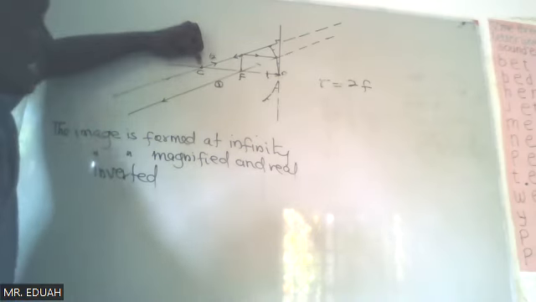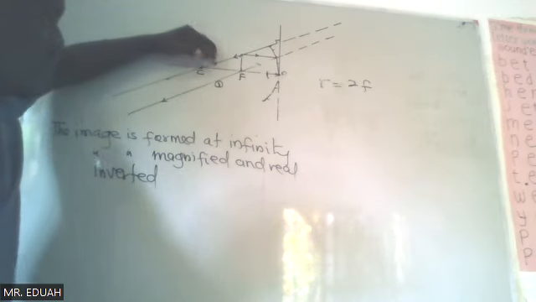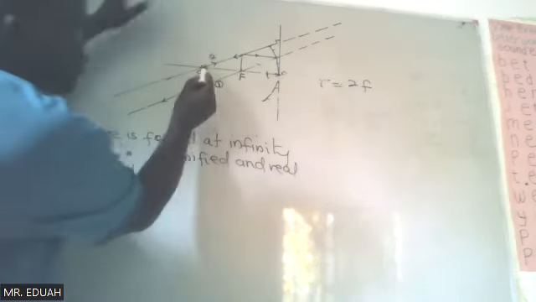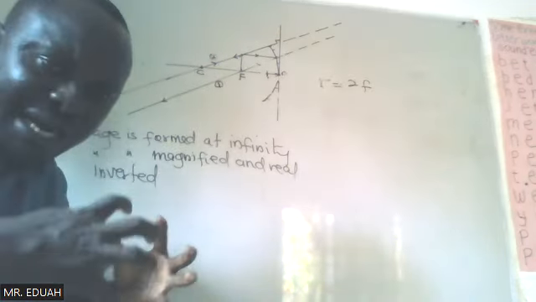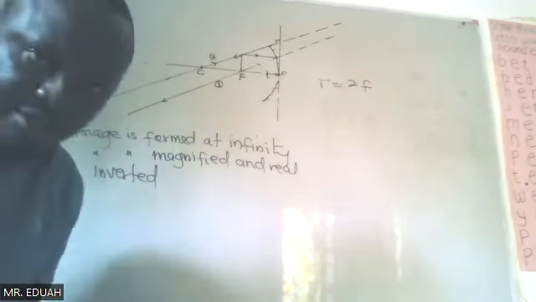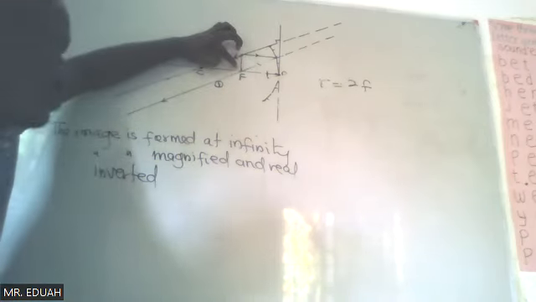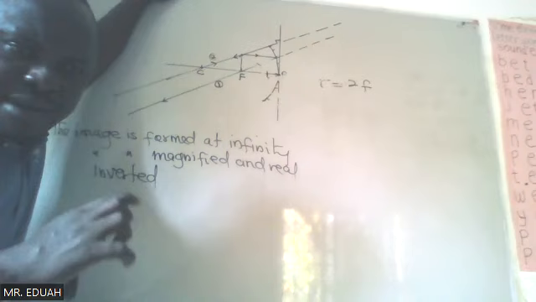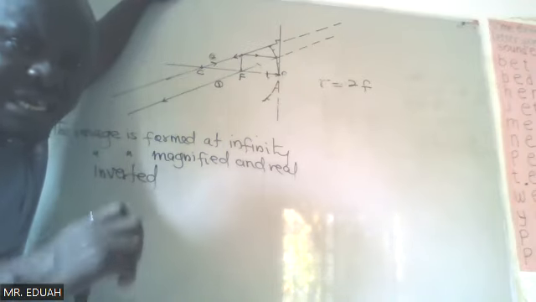When the object is in between C and F, we realize that the image formed is magnified. So as we move towards F, the image formed is magnified and real. By the time we get to F, the image will still be real and magnified.